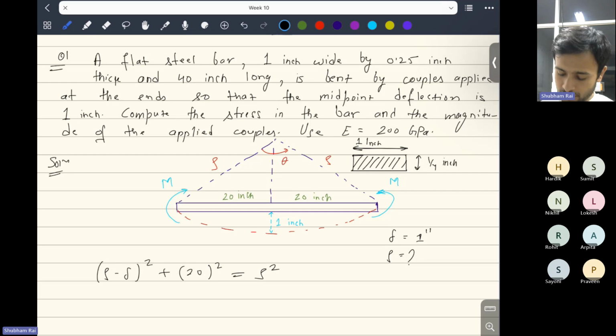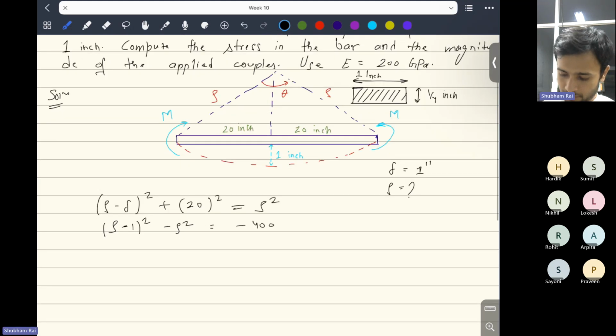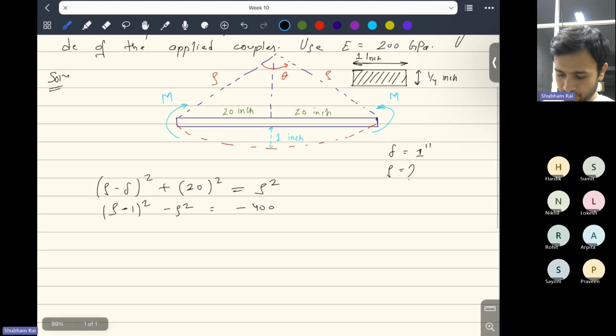If you solve this equation, the only unknown is rho, because delta is already given, that is 1 inch. So you will get (rho minus 1) whole square minus rho square equal to minus 400. If you do so, rho square will get cancelled. So finally, what should you get?